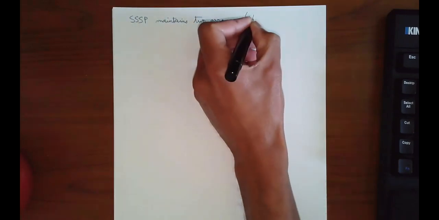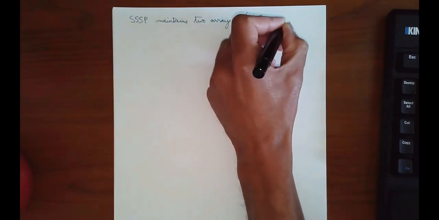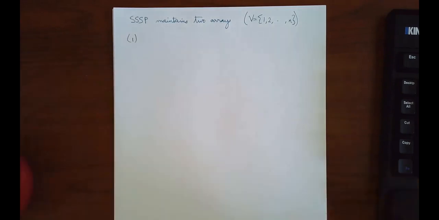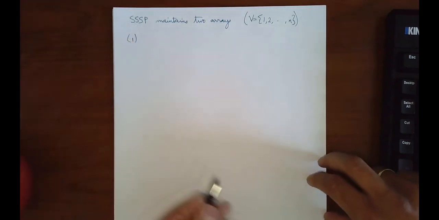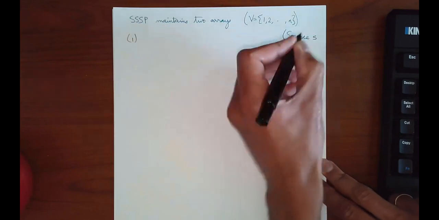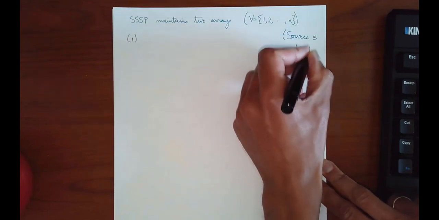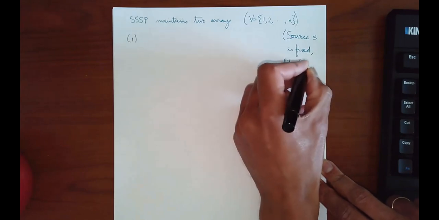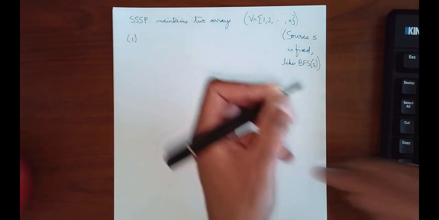We will again assume that V goes from 1 to n for simplicity. So the first array, and it's single source because the source S is fixed. This is just like BFS starting from a single source.